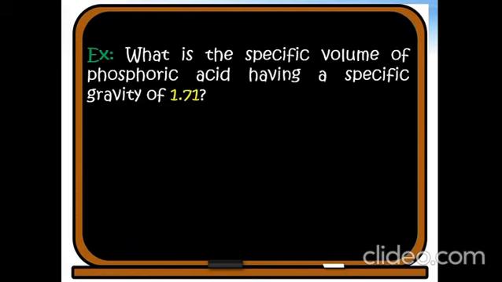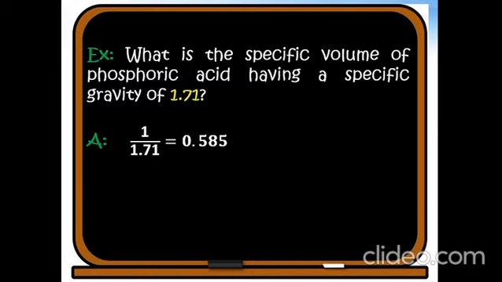Another sample question. What is the specific volume of phosphoric acid having a specific gravity of 1.71? You directly use 1 divided by the specific gravity, because, as we just introduced, when you multiply the specific gravity and the specific volume, you get 1.